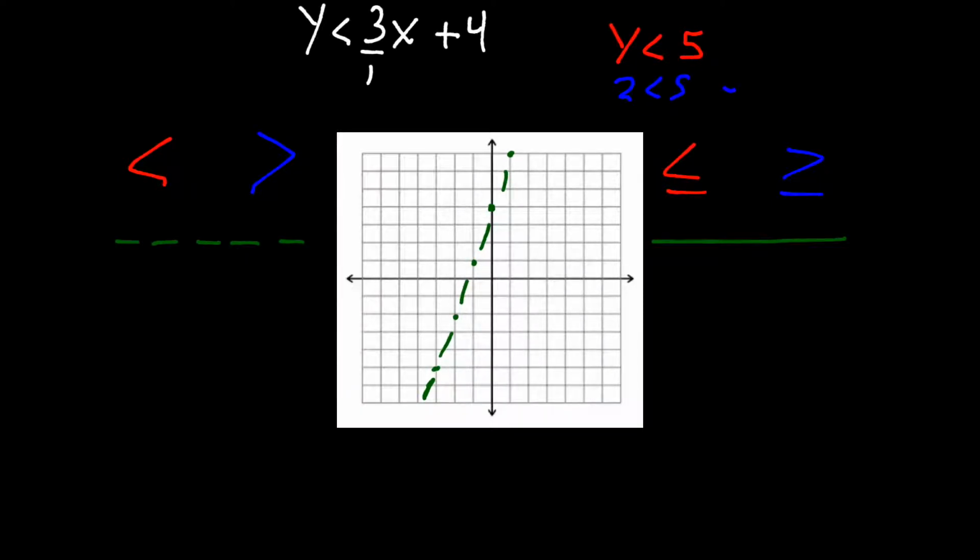I could have negative 7 is less than 5. That is also true. I have infinitely many solutions here. And when we graphed this on a number line, we showed that with an arrow going to the left, and this was 5, and so forth and so on.